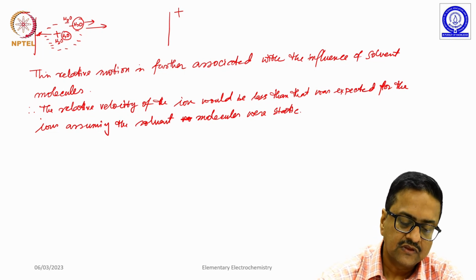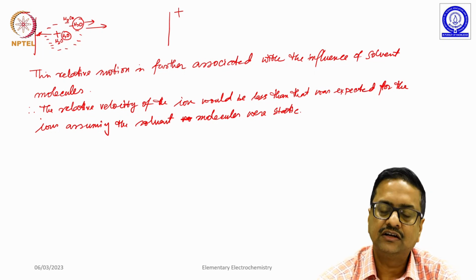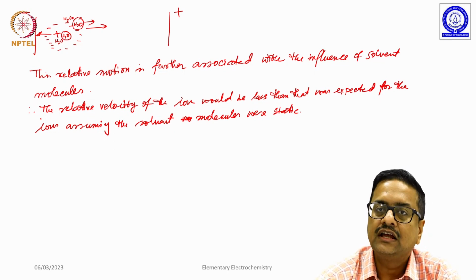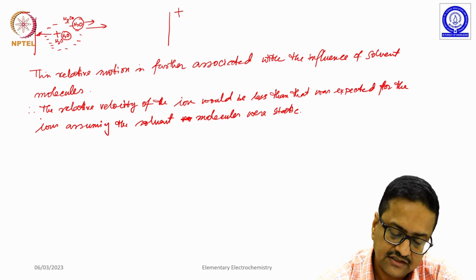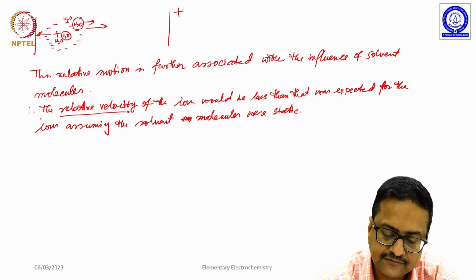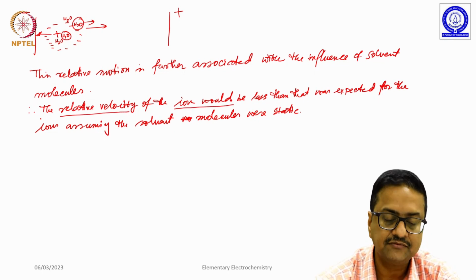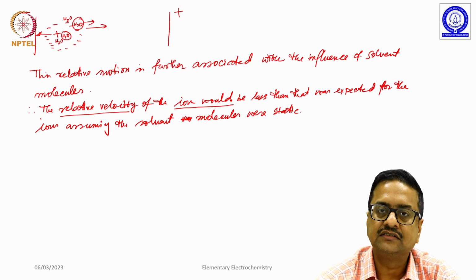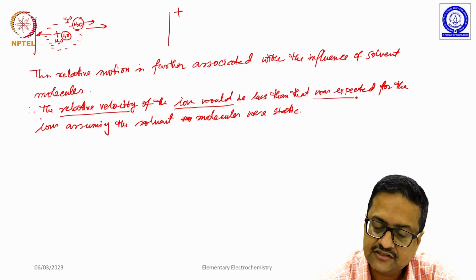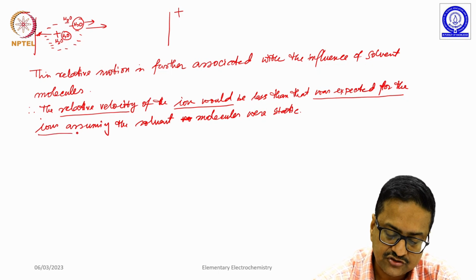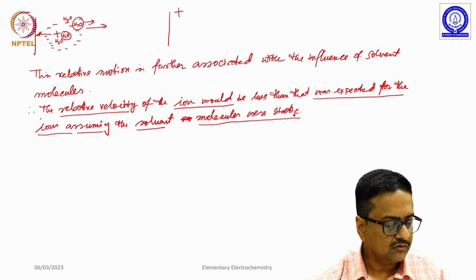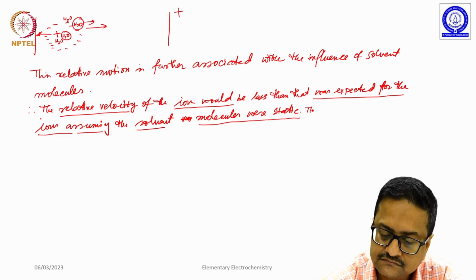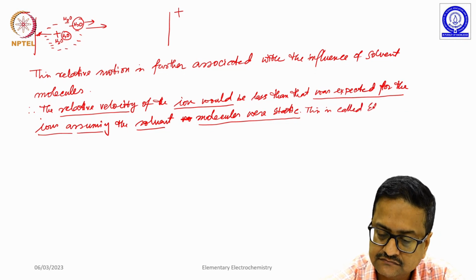As a result, the solvent molecules are no longer static, they are moving along with the corresponding ion with which they are associated. As a result, the relative velocity of the ion, maybe relative velocity of cation, is much less than that was expected for the ions, assuming that the solvent molecules were static. So, this is called the electrophoresis.